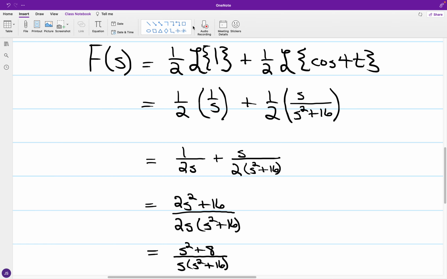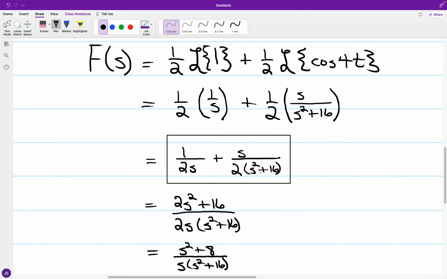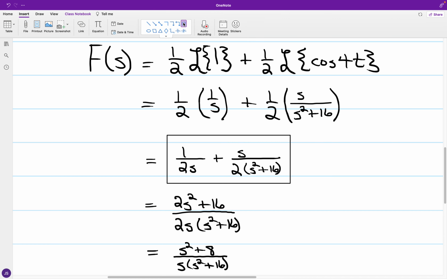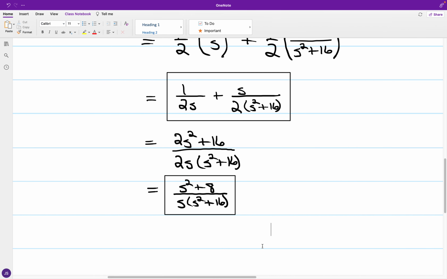So we have possible answers. Without consolidating, this is what we have as separate terms, and you could distribute and say we have s over 2s squared plus 32. And again, the other version in the simplified consolidated form, we have s squared plus 8 all over s times the quantity of s squared plus 16.